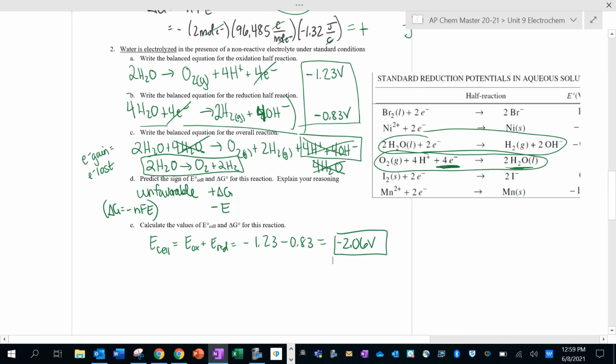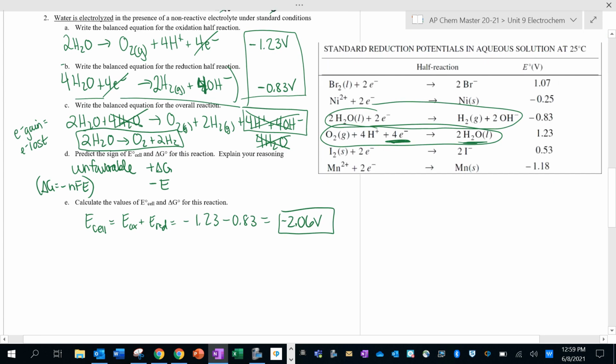I do want to point out, if you look in the textbook and on some of the answer keys, they show a different way, which gives you the same answer. They write it this way: you take the reduction at the cathode and subtract the reduction potential from the anode.